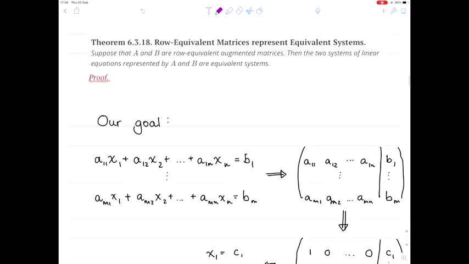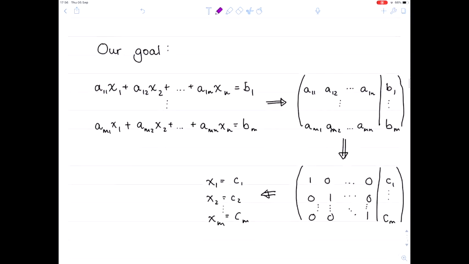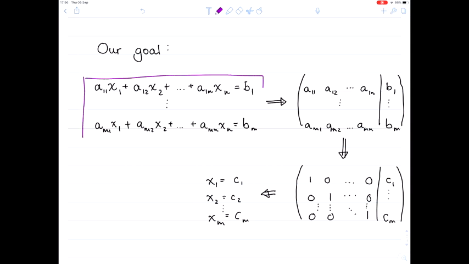Why is this important? Well, row equivalent matrices represent equivalent systems. So this is a theorem. Again, you can have a look at the proof if you want to. But the basic idea is that if we have a system of linear equations which we want to solve, but is in a kind of complicated form, we're going to put it into augmented matrix form.